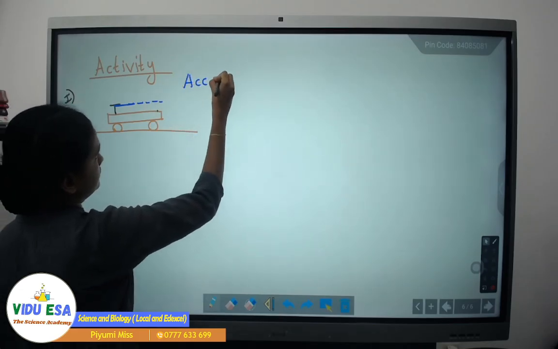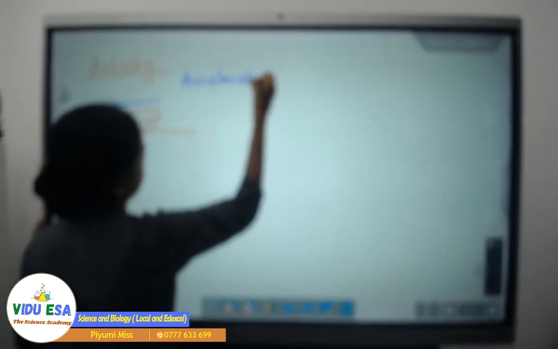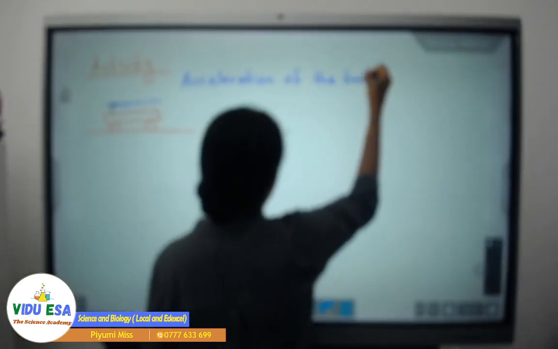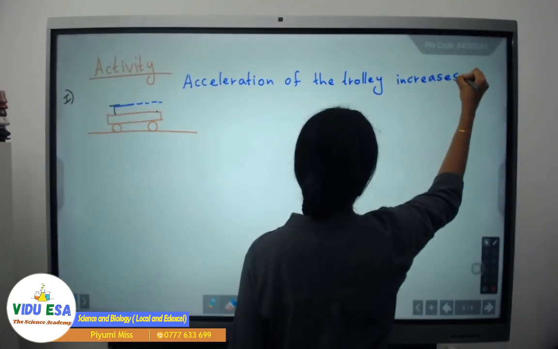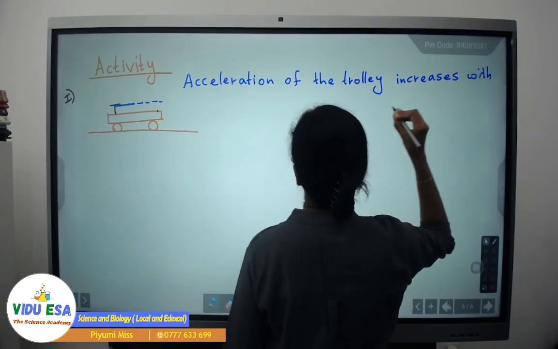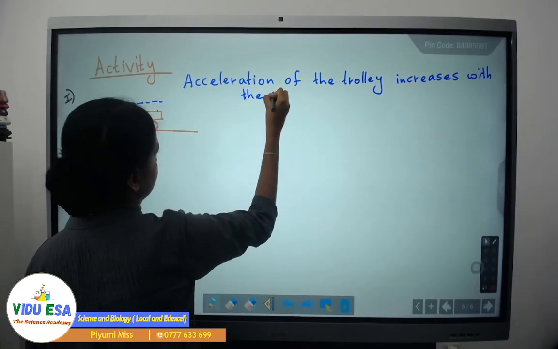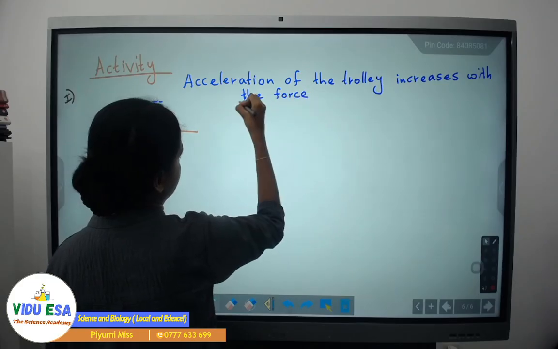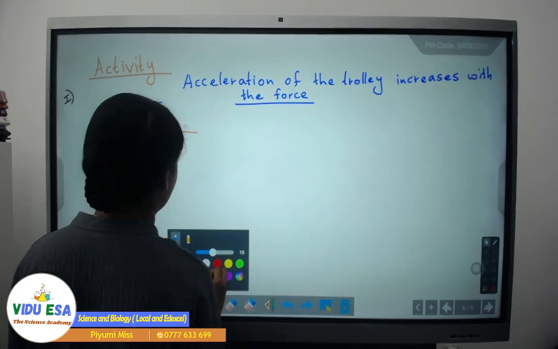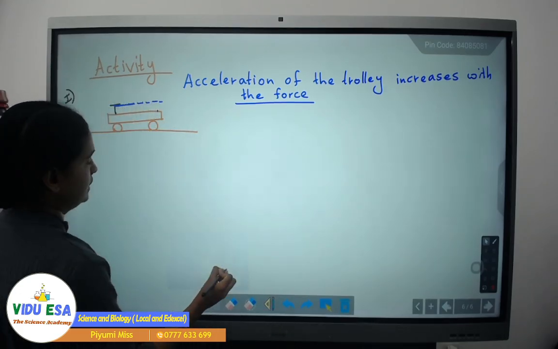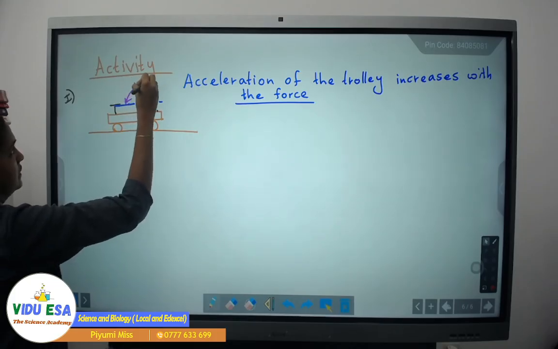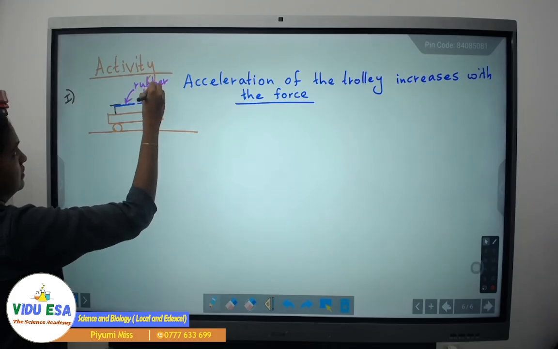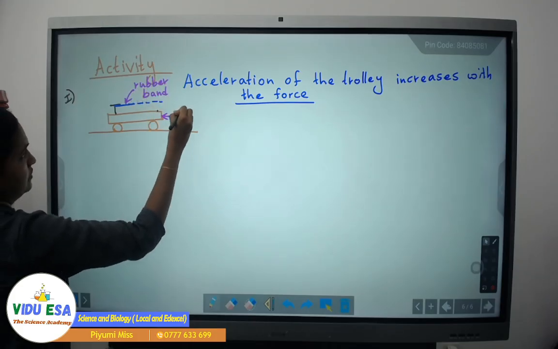Acceleration of the trolley increases with the force. So we'll mention the method. You connect the rubber band, and this is the trolley.